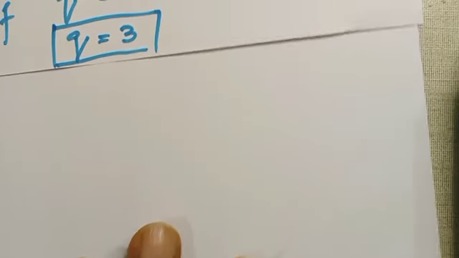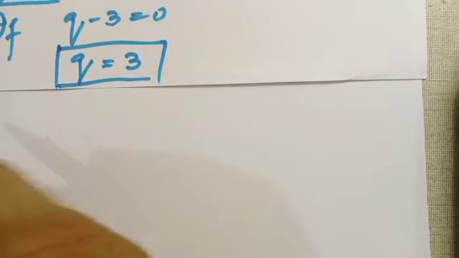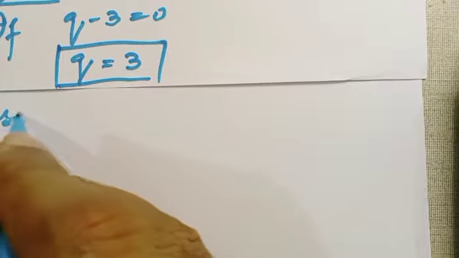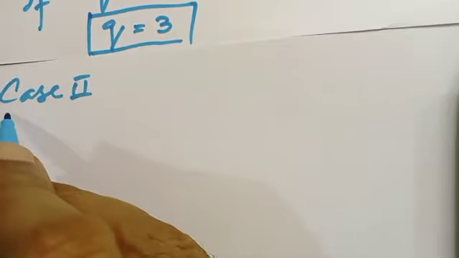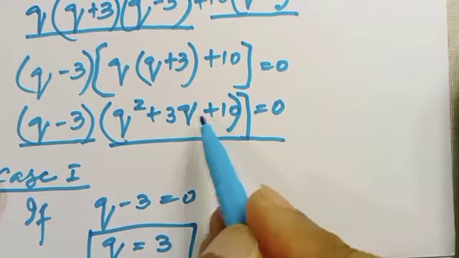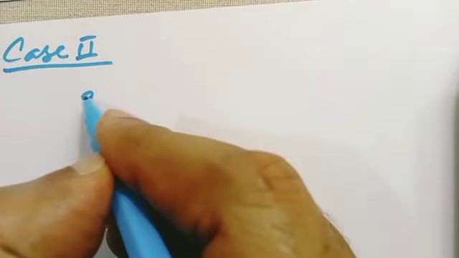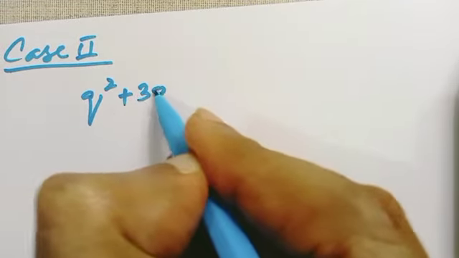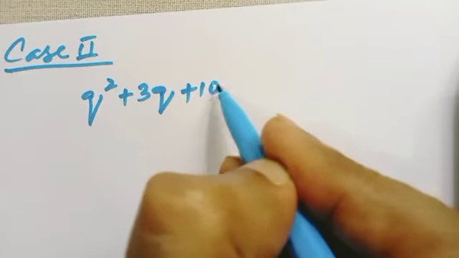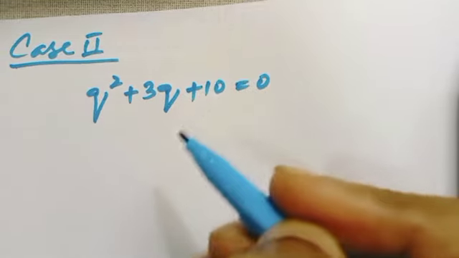Case 2: the other factor is equal to 0, so q^2 + 3q + 10 = 0.